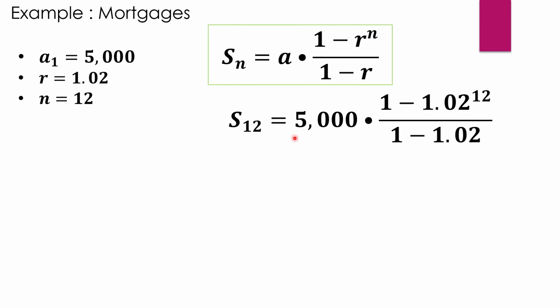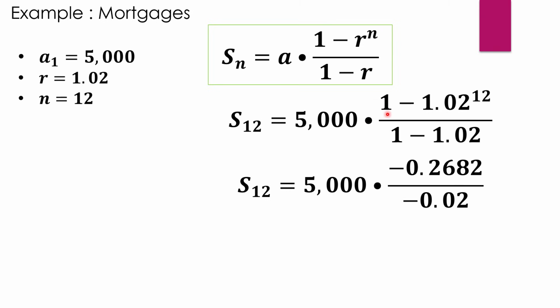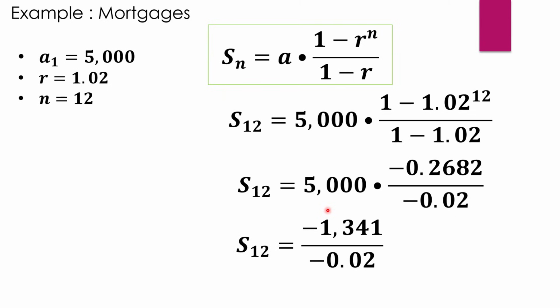Then simplify 5,000 times the numerator. Before we multiply, let's simplify first the 1 minus 1.02 raised to 12. That is negative 0.2682. Then multiply by 5,000. That is negative 1,341. Divided by negative 0.02, that is 67,050.